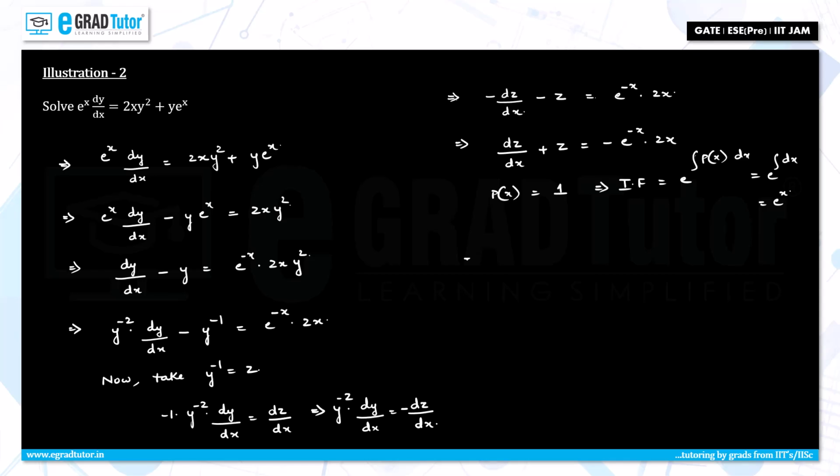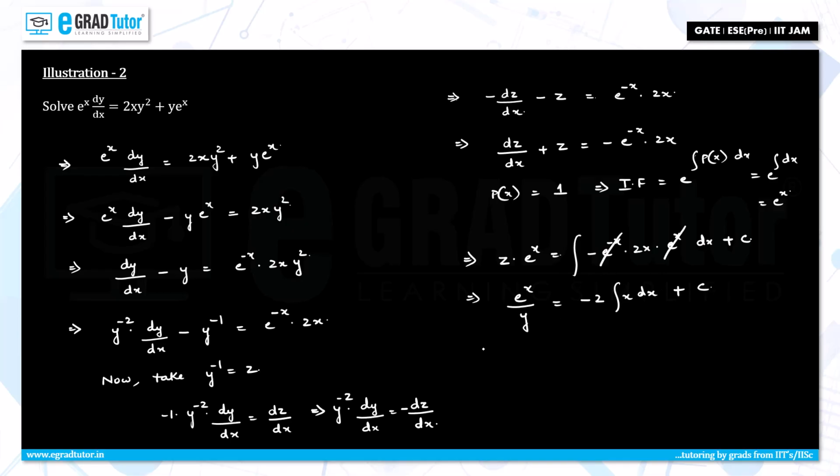Okay. So what is the general solution? z into e^x is equal to the integral of -e^(-x) times 2x into e^x dx plus c. Okay, you can cancel these two. z you can write as 1 by y. e^x by y is equal to -2 times integral x dx plus some c.